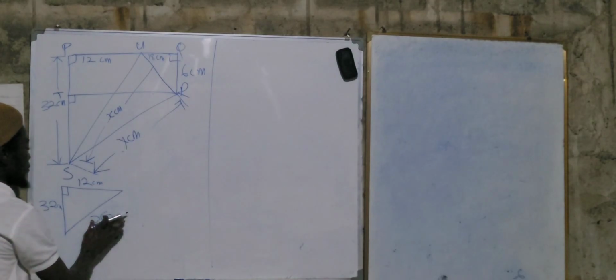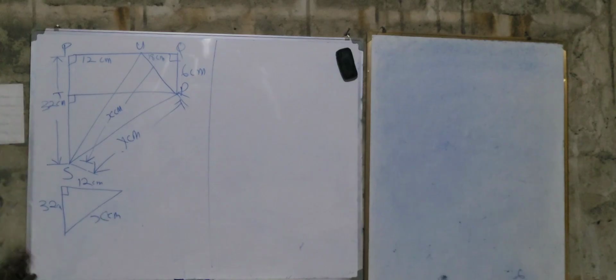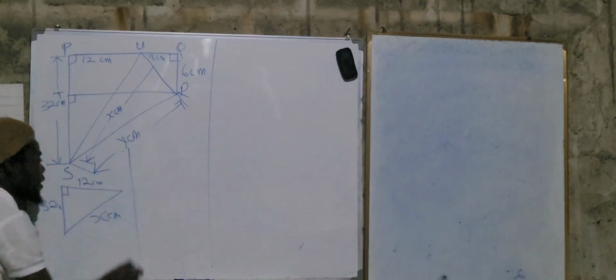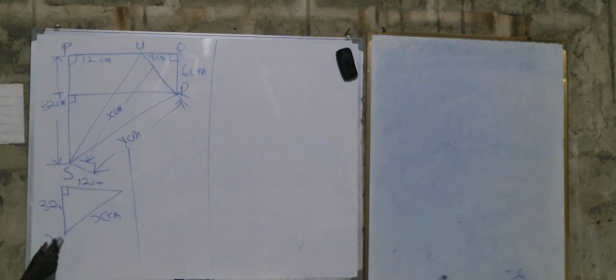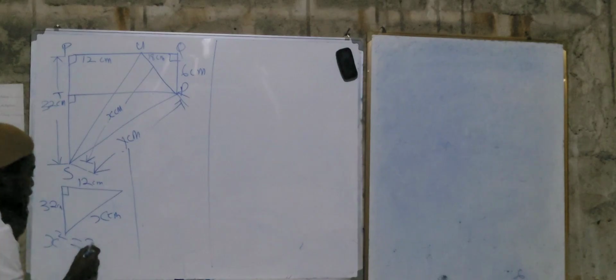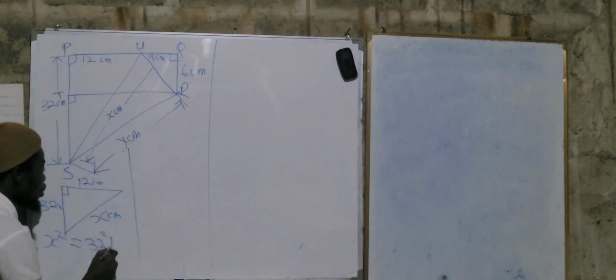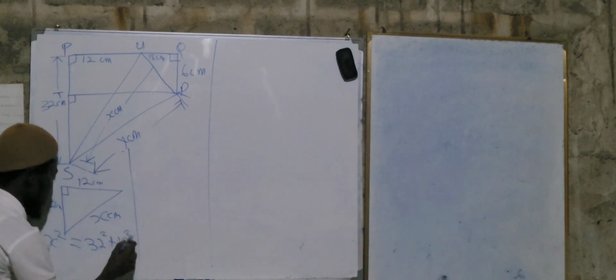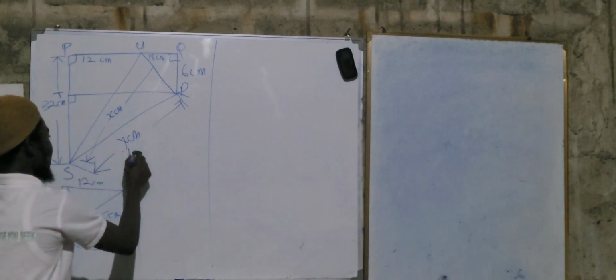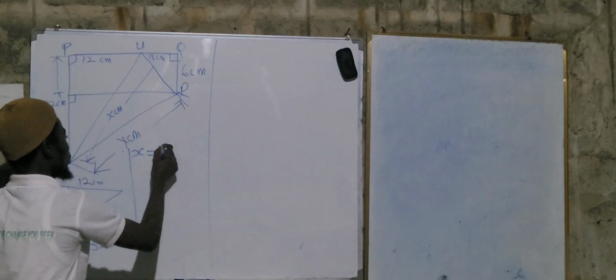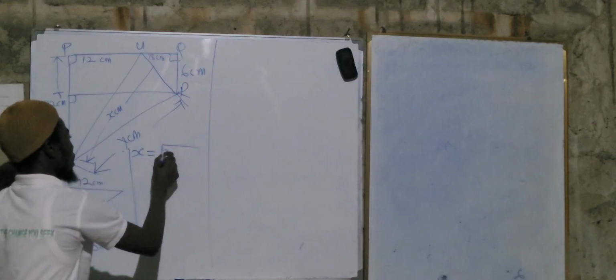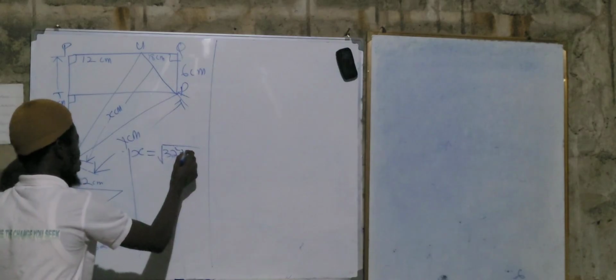Are we getting the concept here? And we use Pythagoras theorem now, right? Square of the hypotenuse is equal to the sum of squares of the two main sides, right? What are they now? We have 32 squared plus 12 squared. So X is equal to the square root of 32 squared plus 12 squared.